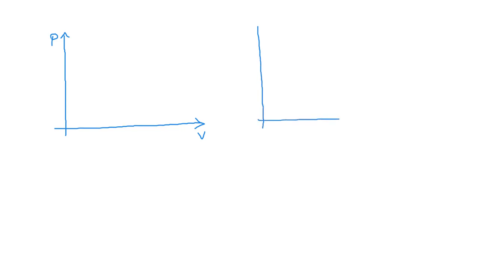Now, let us consider the PV and TS diagrams. So this is the volume axis and this is the pressure axis. And the TS diagram, let us consider it here.